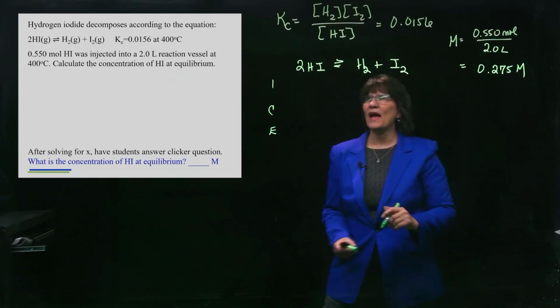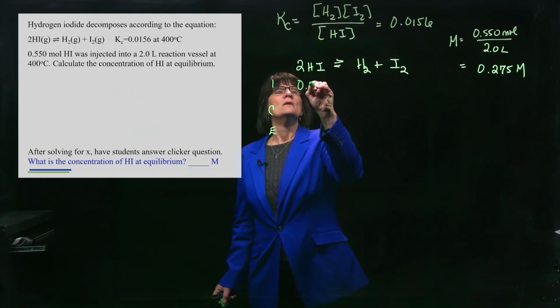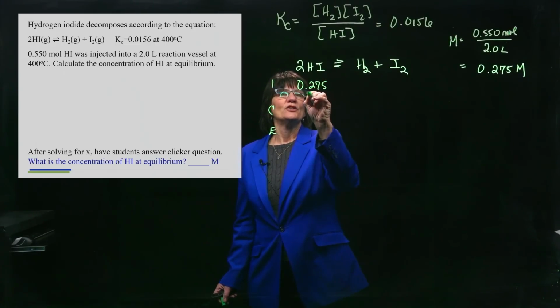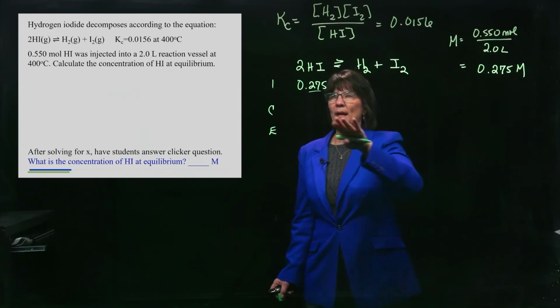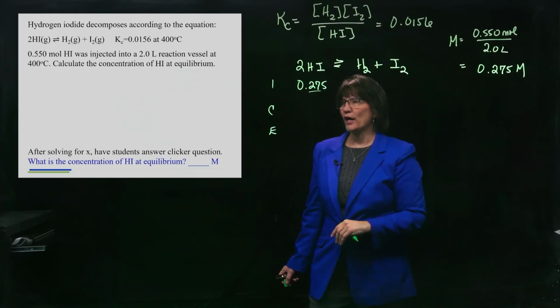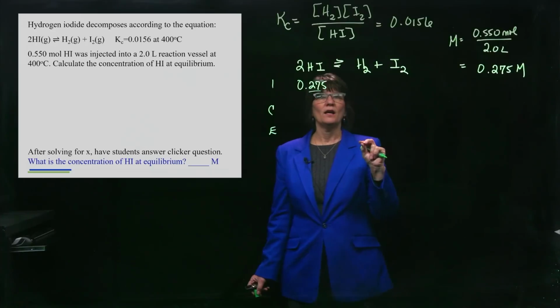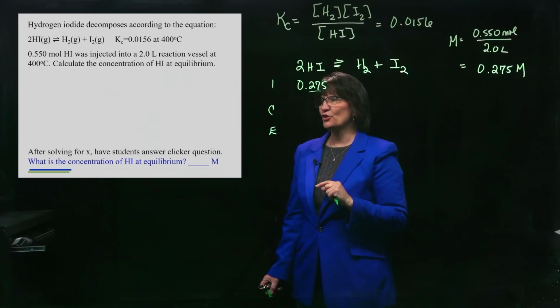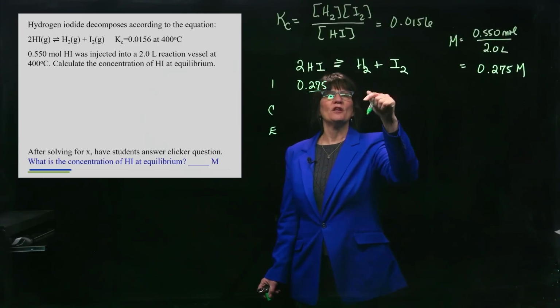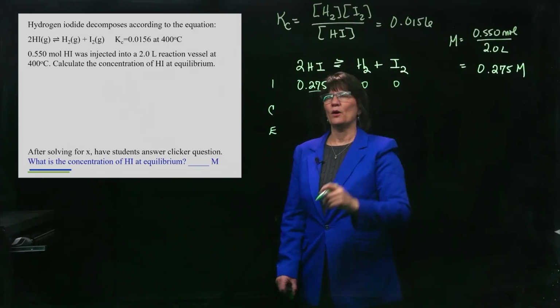So I'm going to plug that into here. Now, I really only know it to 2 significant figures, but I'm carrying extra along and not worrying about the sig fig values until the very end. I see that that was injected into the reaction vessel. No mention of those, so they will be zeros.